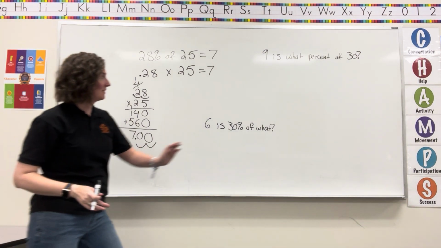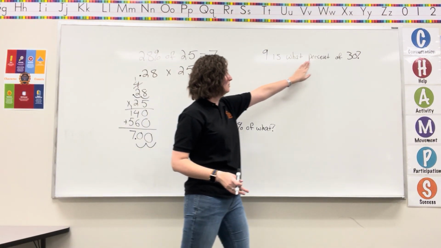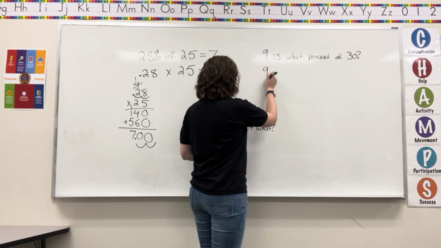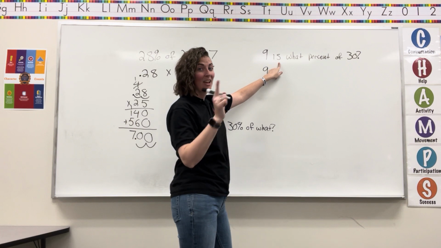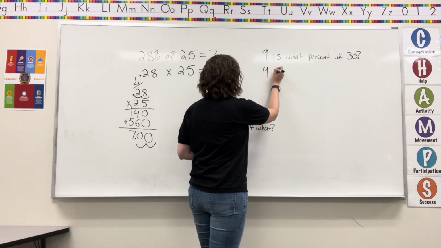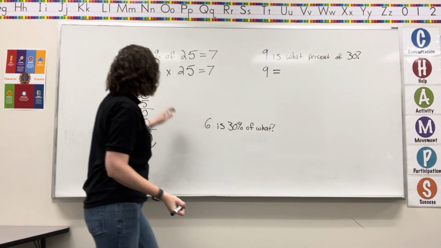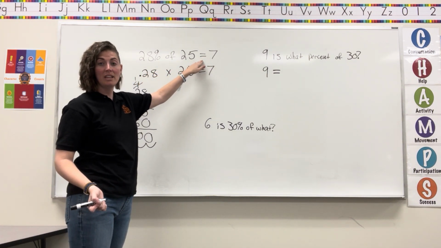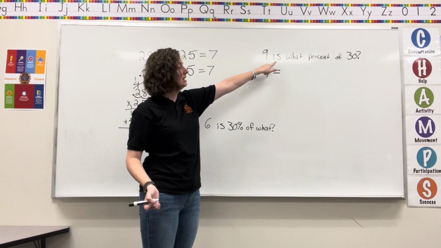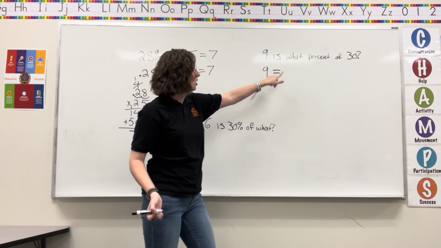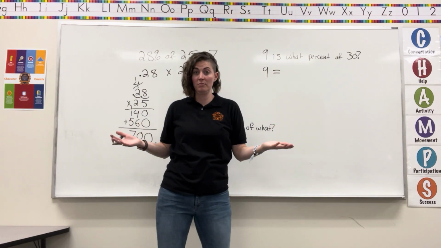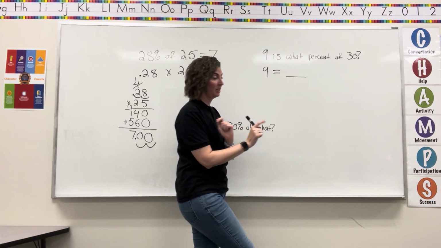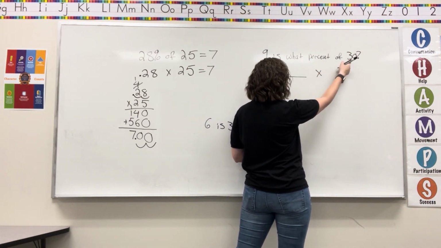The next way, 9 is what percent of 30? So 9 is, we write an equal sign. So we could have read this as 28% of 25 is 7 or equals 7. So convert your "is" to an equal sign. What percent, we don't know, of, multiplication, 30.